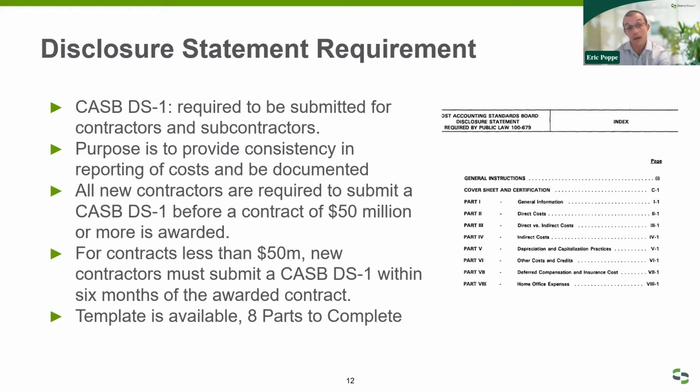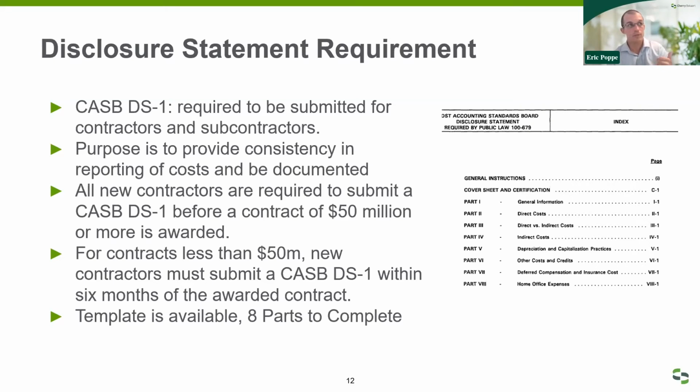That's a very good point. So I think that kind of reiterates being comfortable with your indirect rate structure prior to finalizing this disclosure statement. And if you don't have any CAS covered contracts and you are preparing your disclosure statement and you're going after a bunch of bids and this is over a year or two period, you can update that disclosure statement and change it, even if you don't have any CAS covered contracts.